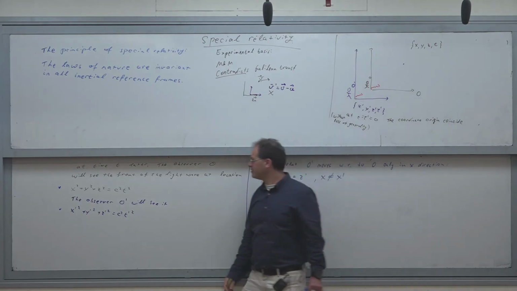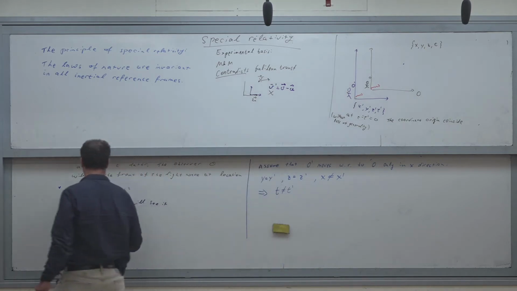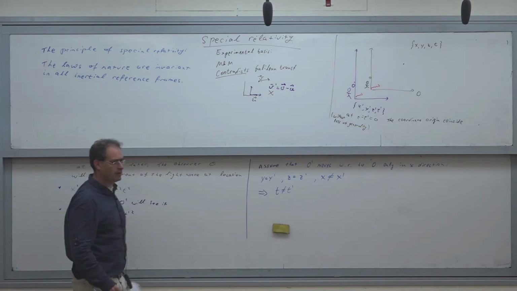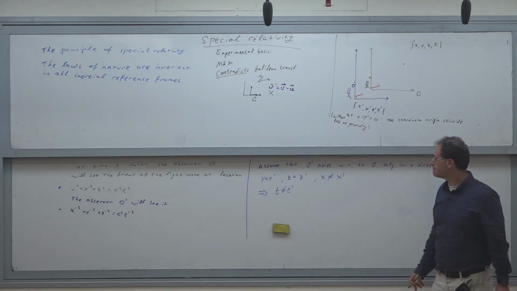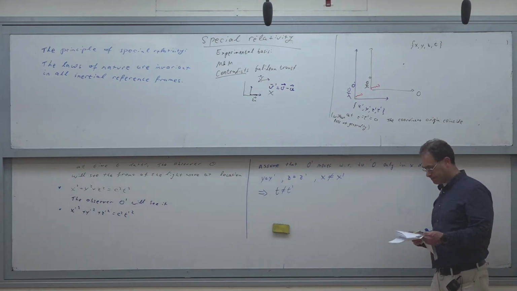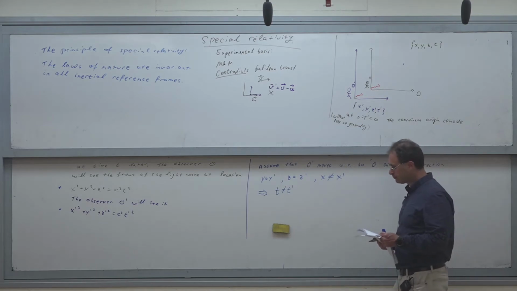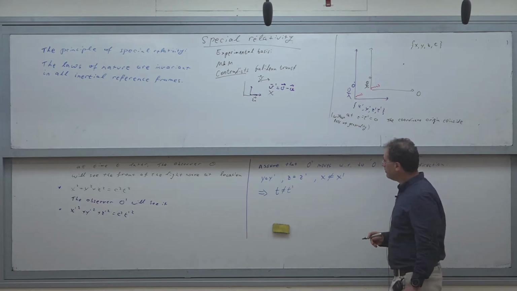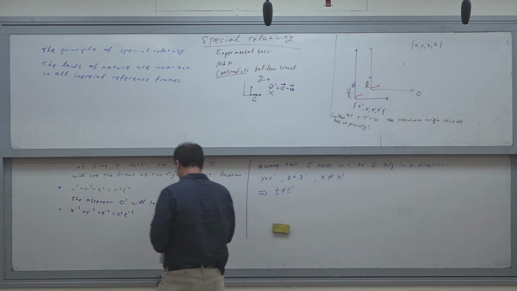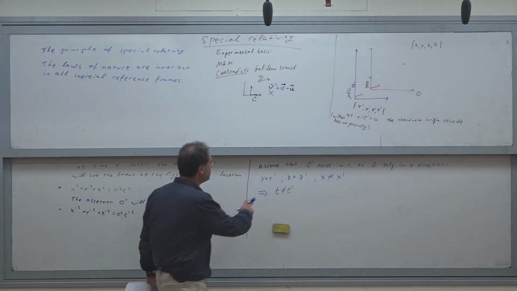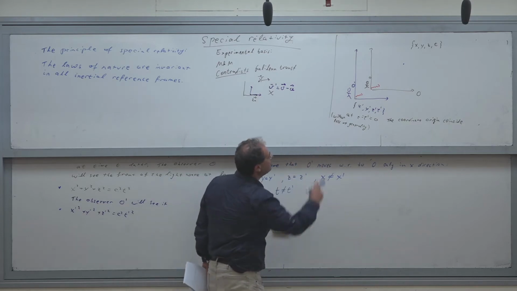Which kind of makes sense, because if the speed is the same and x is not the same, then the time cannot be the same. So that means that time separation is not the same in both frames.